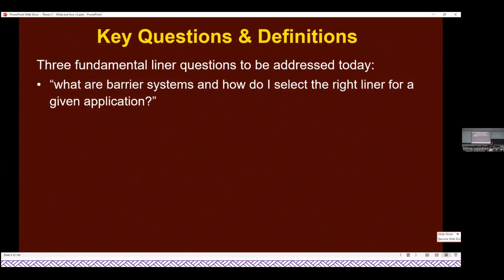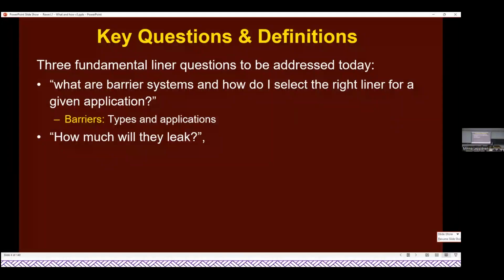There are 3 fundamental questions that I'll be addressing. The first in this lecture are what are barrier systems and how do I select the right liner for a given application? In fact, that second part follows through all 3 lectures. We'll be looking at the types and applications in particular in this first lecture. The next question is how much will they leak?